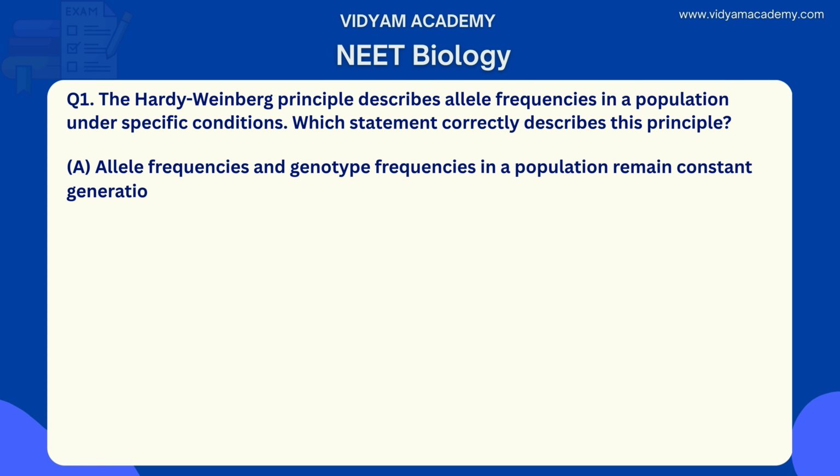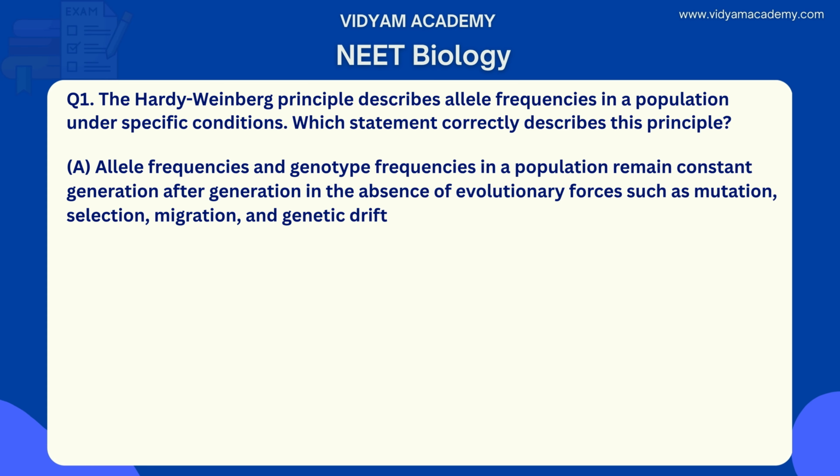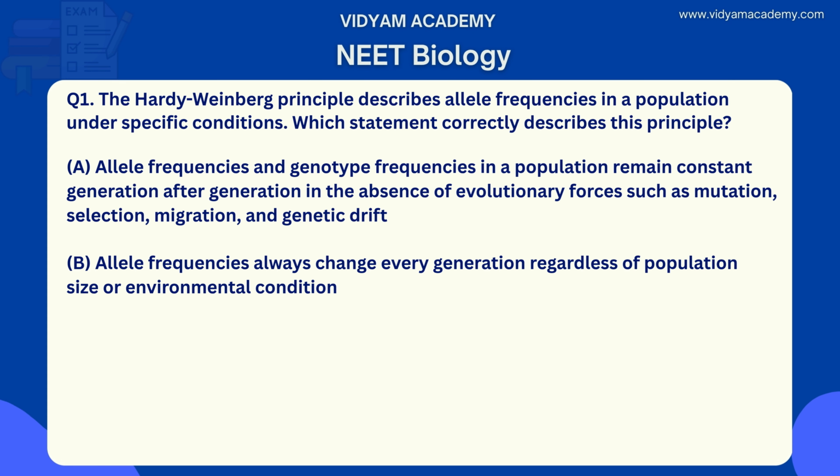Option A. Allele frequencies and genotype frequencies in a population remain constant generation after generation in the absence of evolutionary forces such as mutation, selection, migration, and genetic drift. Option B. Allele frequencies always change every generation regardless of population size or environmental conditions.